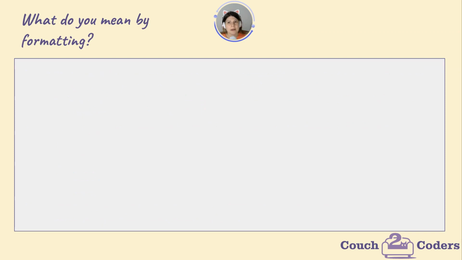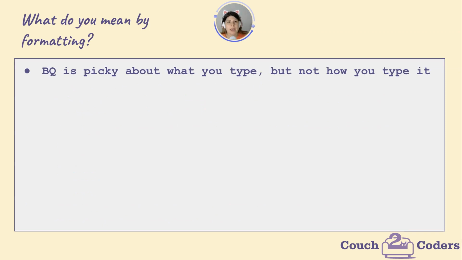So what do we mean when we say formatting in coding? BigQuery, like we said, is picky about what you type. It's picky about the keywords, how they're spelled, and the order that they're in, but it's not picky at all about how you type it. So for example, if I did column with just some of the letters capitalized, BigQuery reads that the same as all capitalized column or all lowercase column.